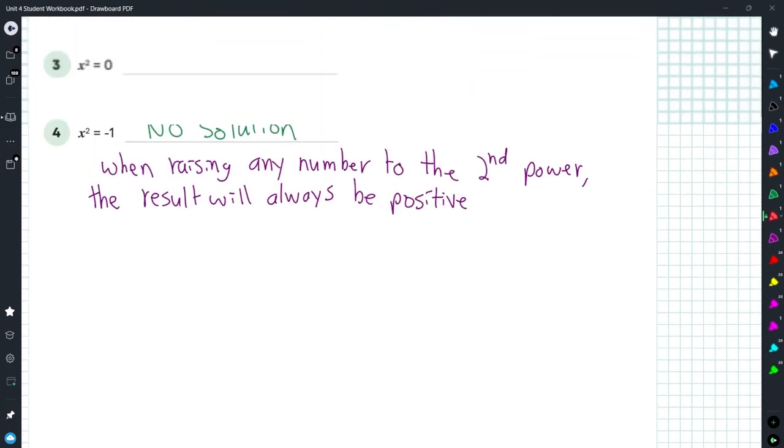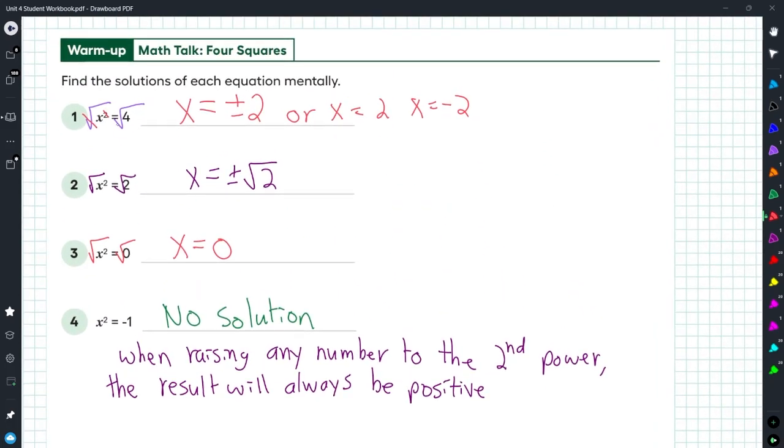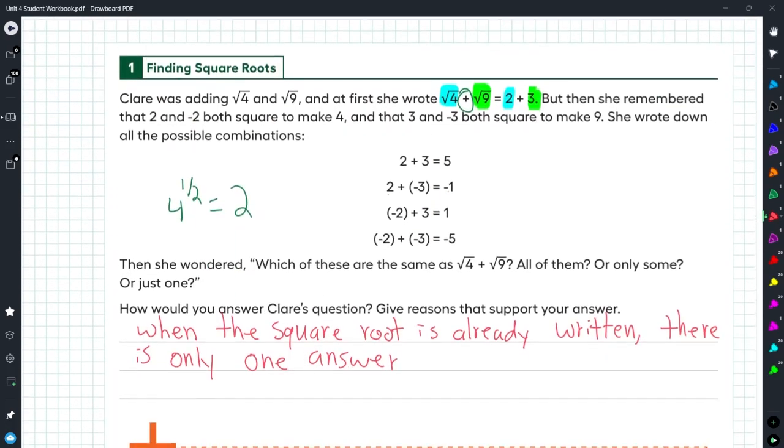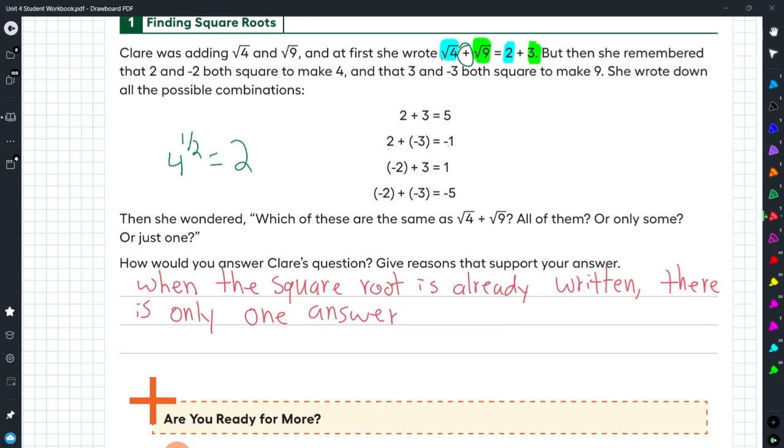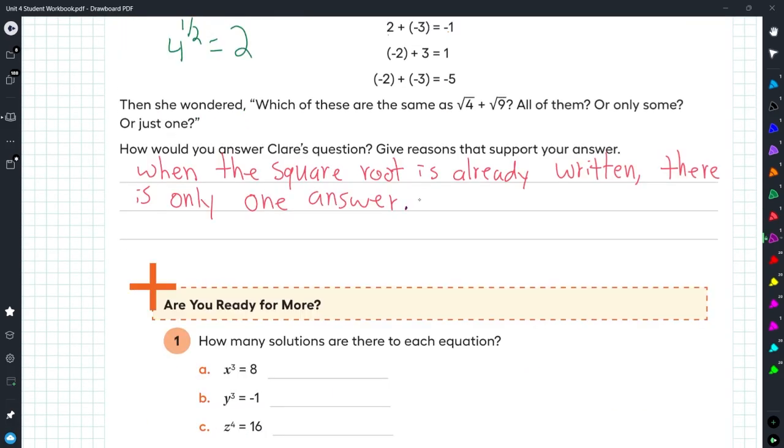Like up here, the reason why we had to do plus or minus is because we had to write in these square root symbols to solve. We wrote them in for this problem. Here, the square root symbol is already written in, so there's only one solution or one answer. Let's write that in.